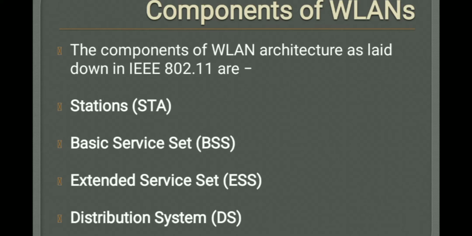Again, there are two types: wireless access point and client. What we commonly use is the wireless access point, that is the WAP, also called AP. You can see that in your mobile settings as well.